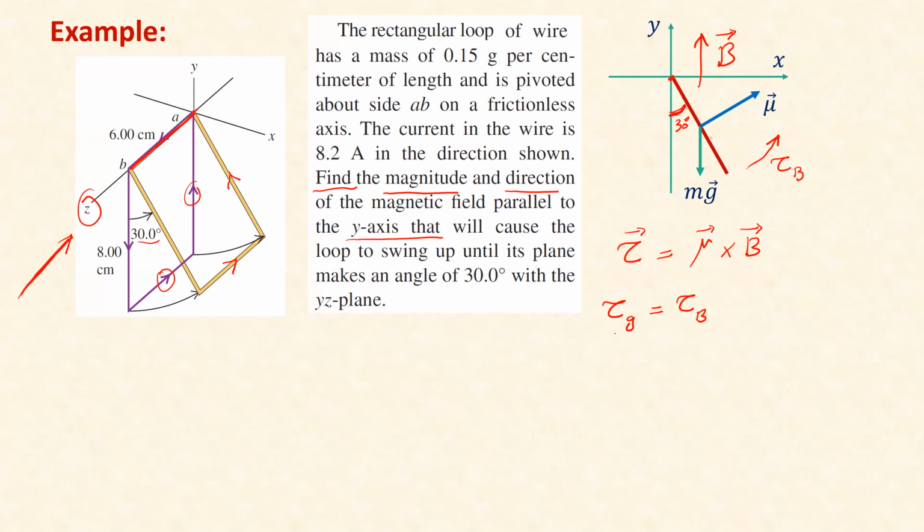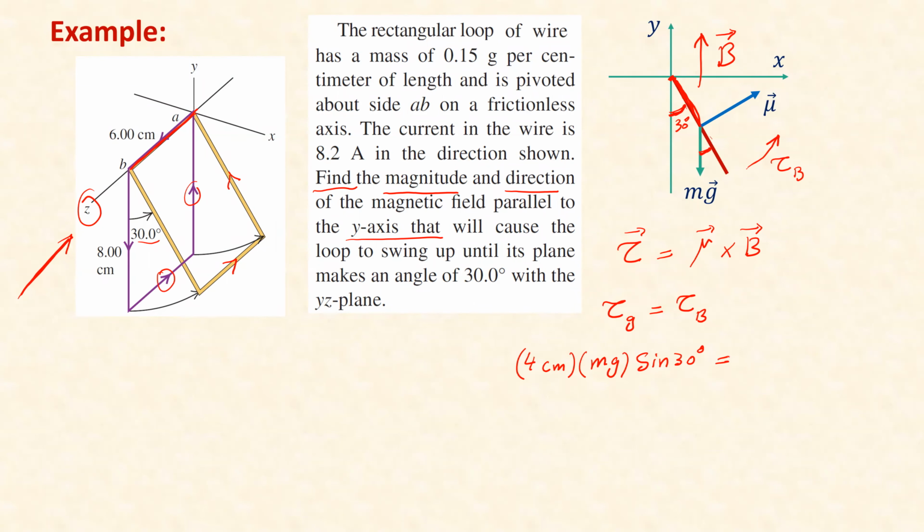Torque of gravity is, you see, the force times distance. This is the distance, half of this length, which is 4 centimeter, and times the weight. So torque of gravity will be 4 centimeter, the length, times mg, times the sine of the angle between the force and radial direction, which is the 30 degrees, sine of 30 degrees.